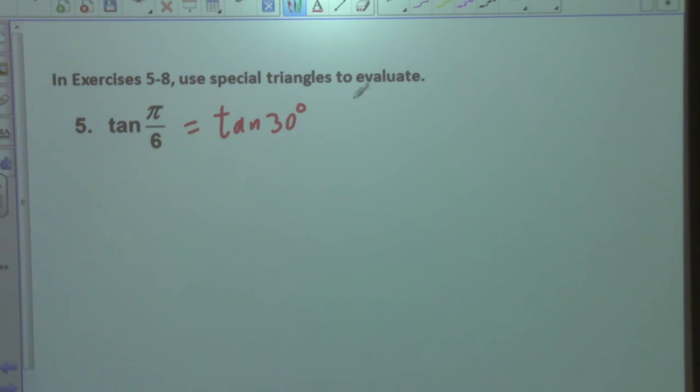0, 30, 45, 60. So that's our 30 degrees. And then I can look at a 30-degree special right triangle like this, and I say, okay, if you have 30 degrees here, this side's going to be x, and this side's going to be x square root of 3.